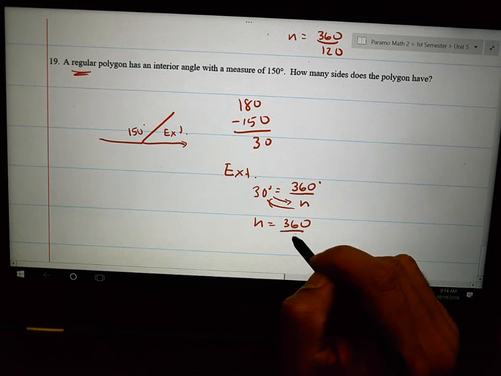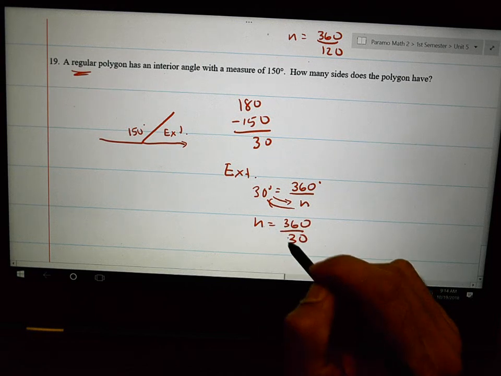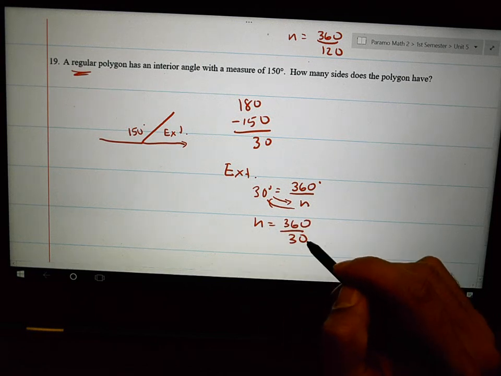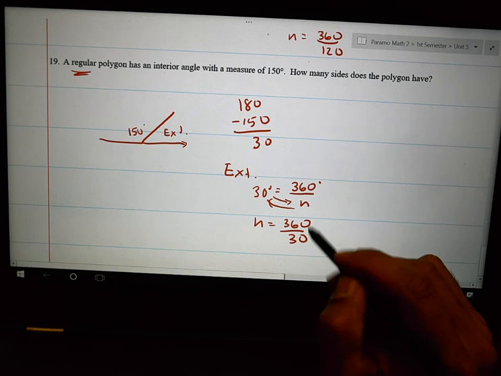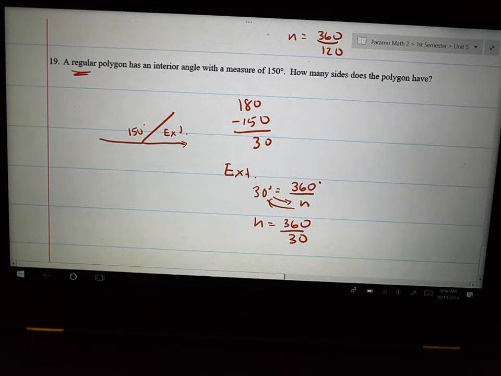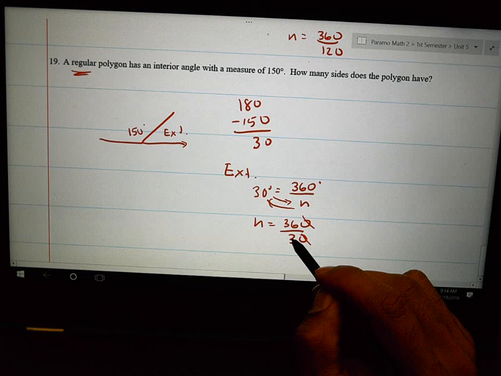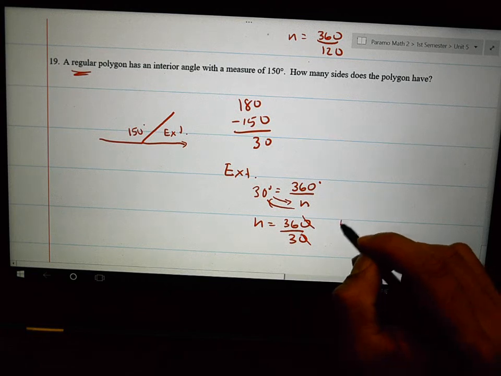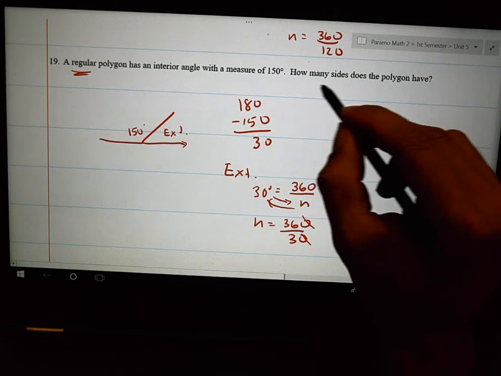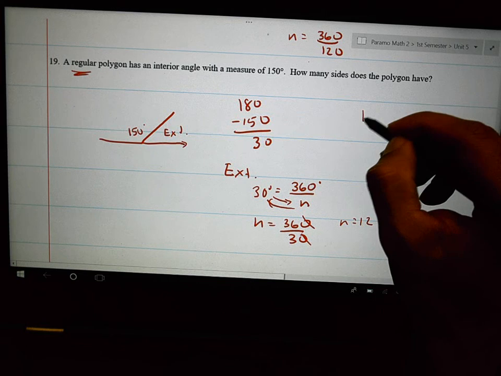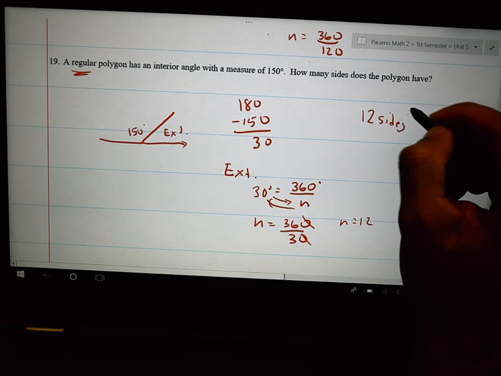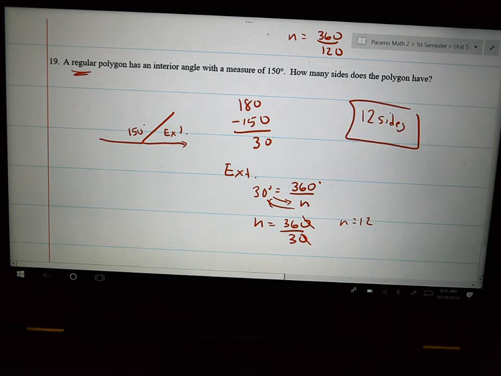And you can actually figure out how many sides it is by doing 360 divided by 30. And you only do the switcheroo when the variable's on bottom. 3 goes into 36 12 times. How many sides does a polygon have? It has 12 sides is our answer. I'm going to stop your notes right there.